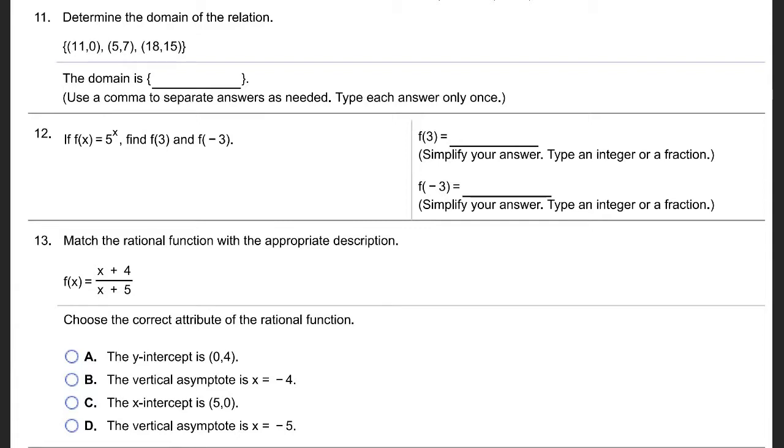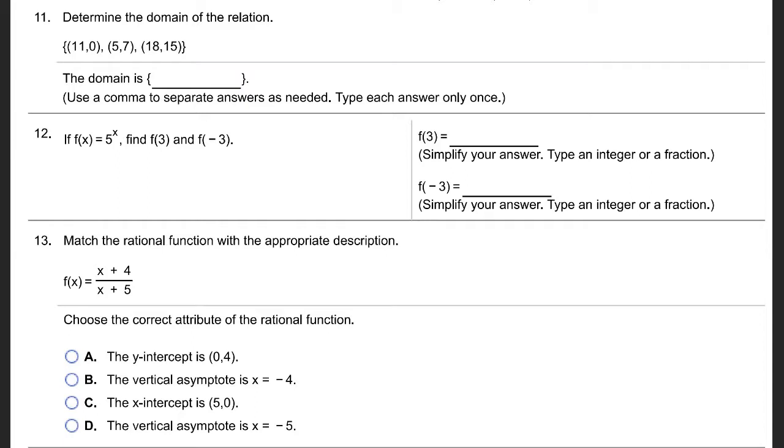Problem number 11. Determine the domain of the relation. Given (11, 0), (5, 7), (18, 15). So these are the ordered pairs.